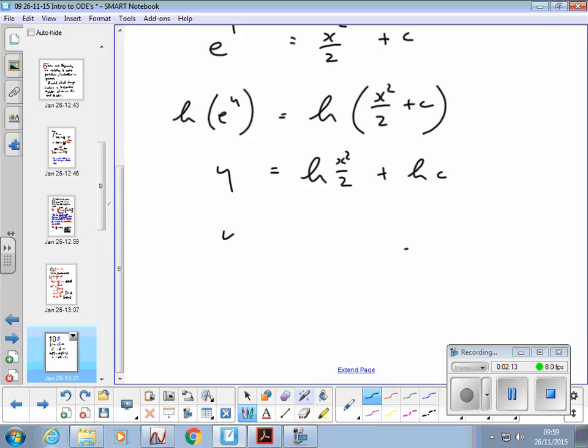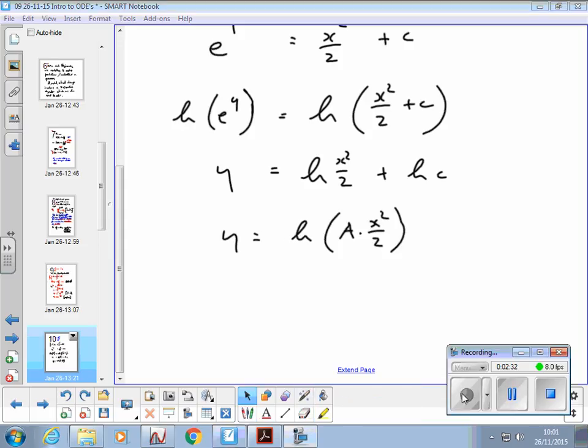Or I can call that the natural log of some constant a times x squared over 2. Am I able to do that? So I can write it in either of these two ways, given my explicit form.